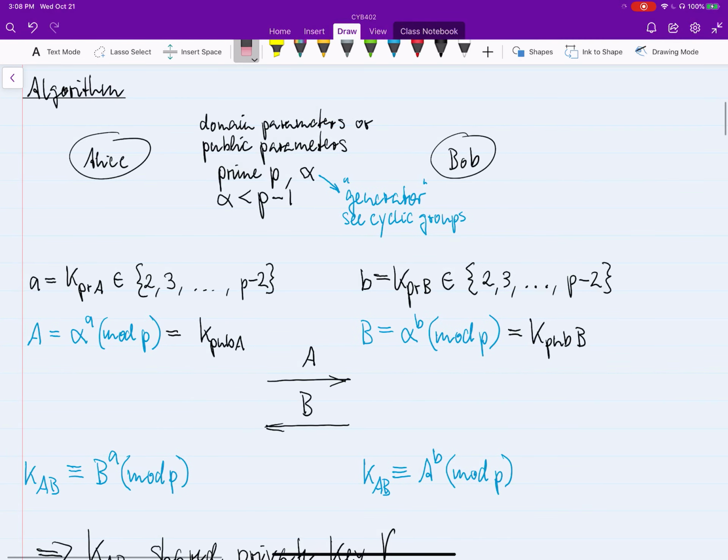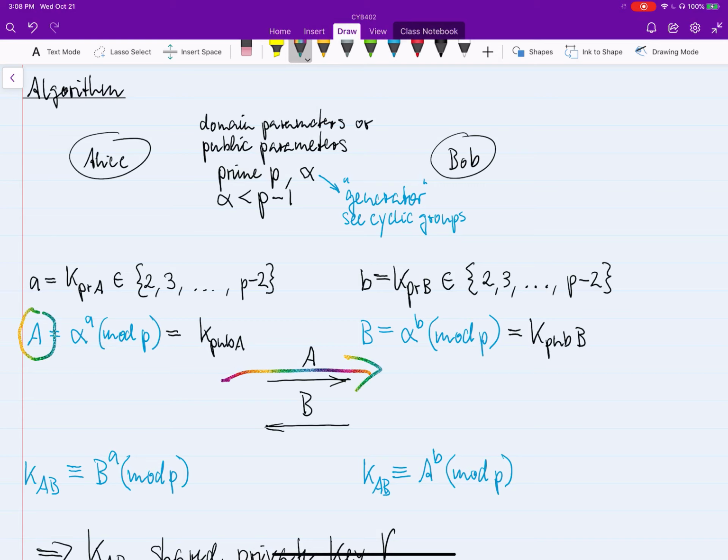With that, Alice computes alpha to the power a modulo p. This yields a number capital A, and capital A is a public key. So it gets sent over to Bob.